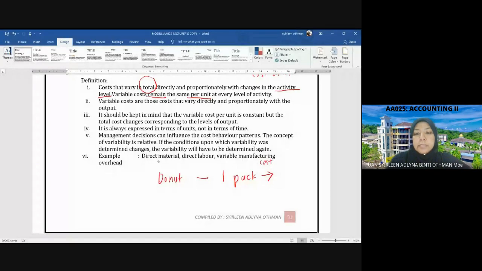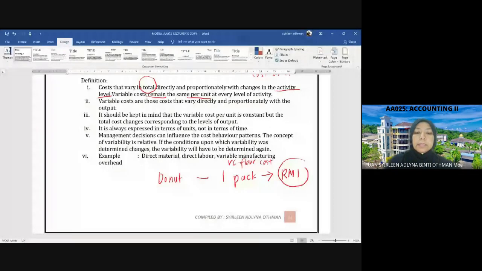So variable cost untuk 1 pack of donut ni katakan flour, tepung. So 1 pack of donut, katakan cost dia ialah RM1. So that is for 1 pack of donut. So bila kita keluarkan 1 pack, that means saya perlukan RM1 variable cost, which is my direct material.